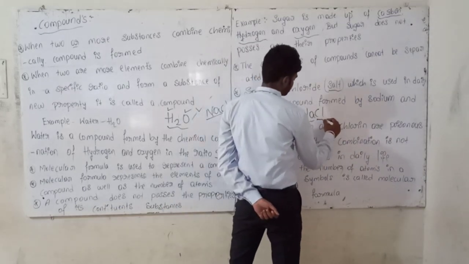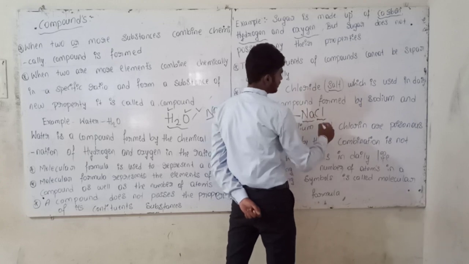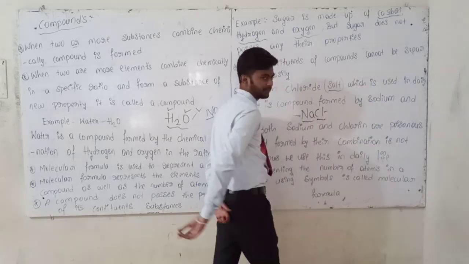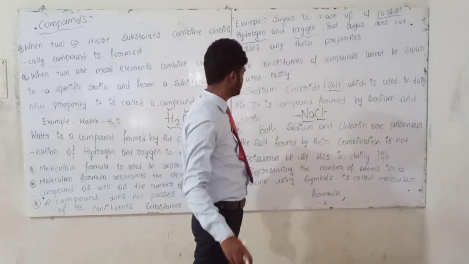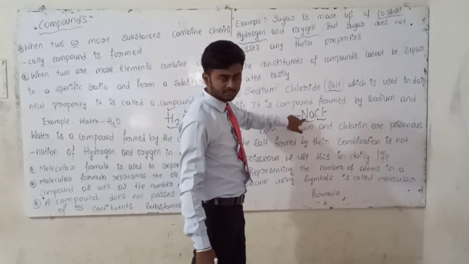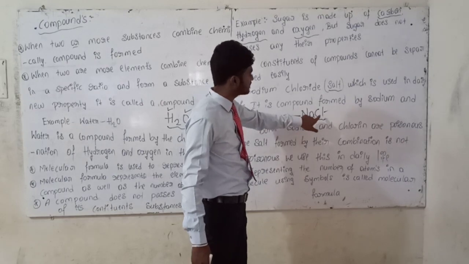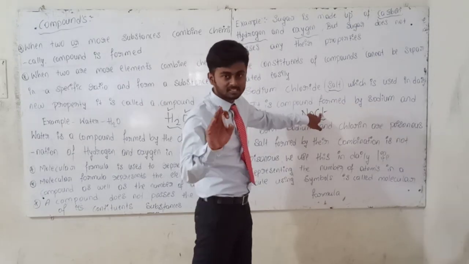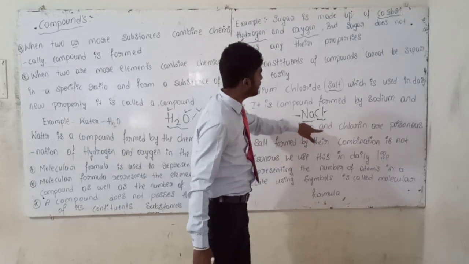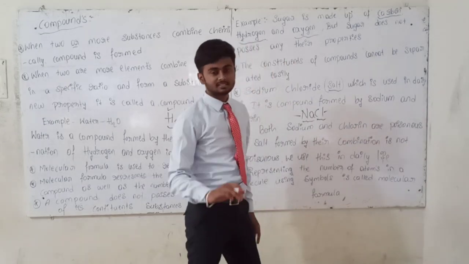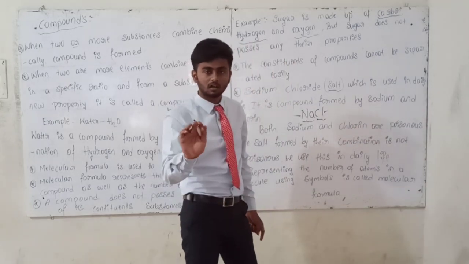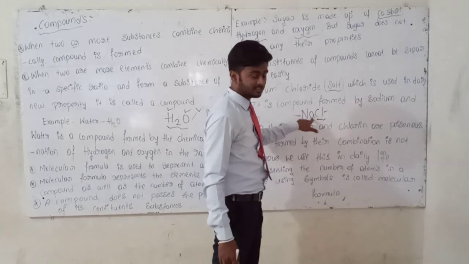Sodium is one different element, chlorine is another different element, and both are very poisonous. Understand now? Both are poisonous.